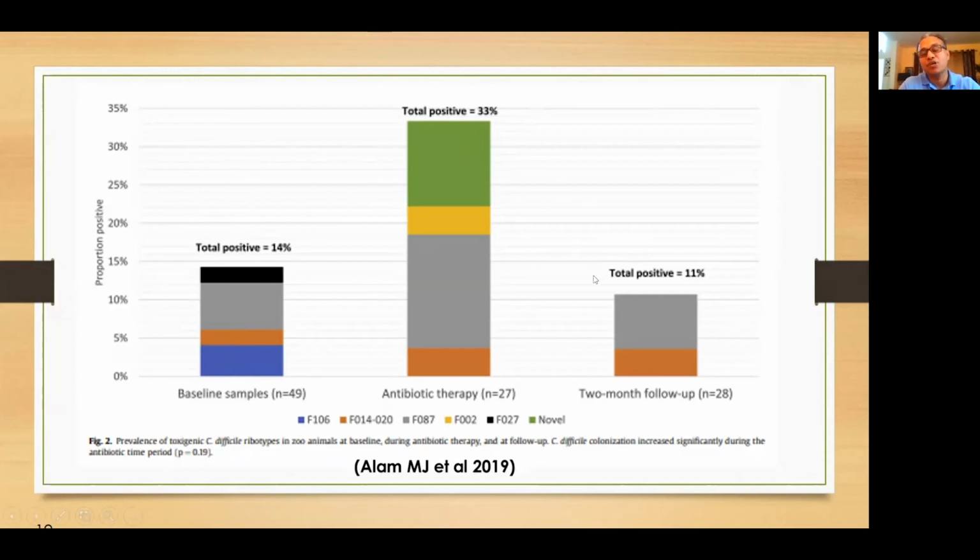And then after 2 months of antibiotic treatment, that prevalence went down to 11%. So in animals also, antibiotic use causes C. difficile colonization in animal gut.